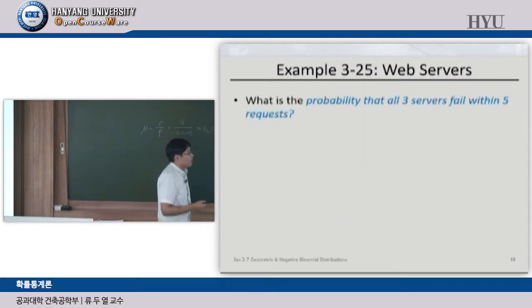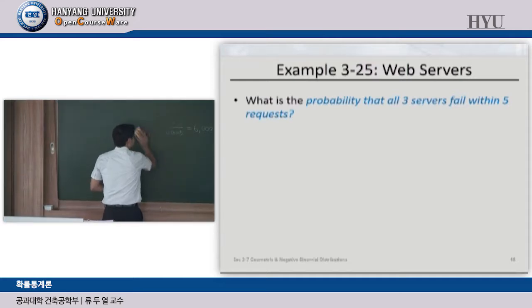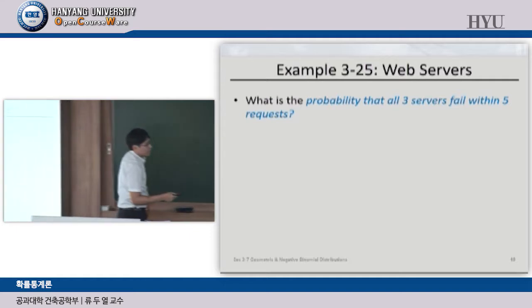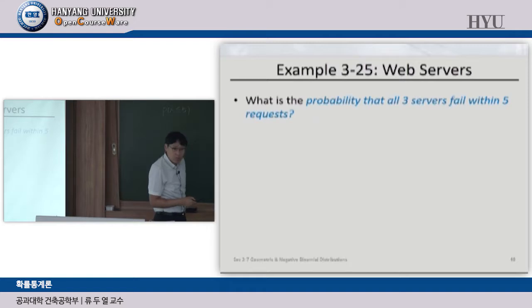And what is the probability that all 3 servers fail within 5 requests? We can calculate this as the probability of x when x is smaller than or equal to 5. But in this case, x should be larger than or equal to 3.